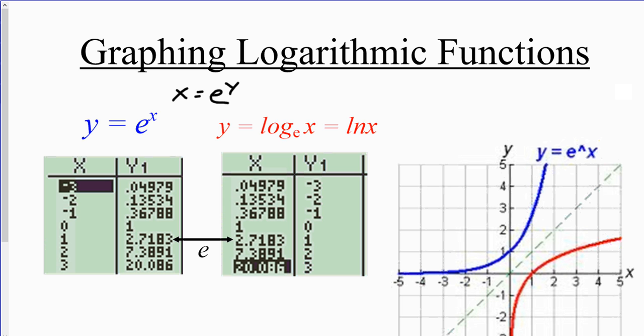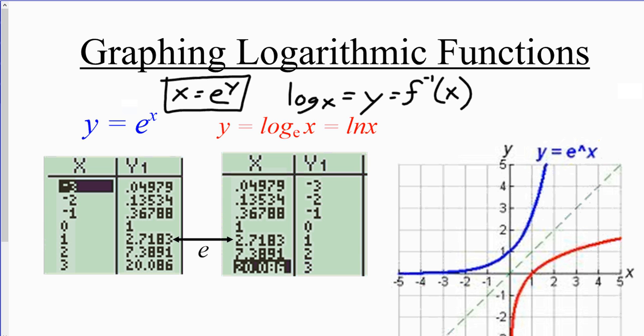Well, now if I want to rewrite it as a logarithm, I get ln of x is equal to y. Let this equal now my f inverse of x. So this is the inverse.